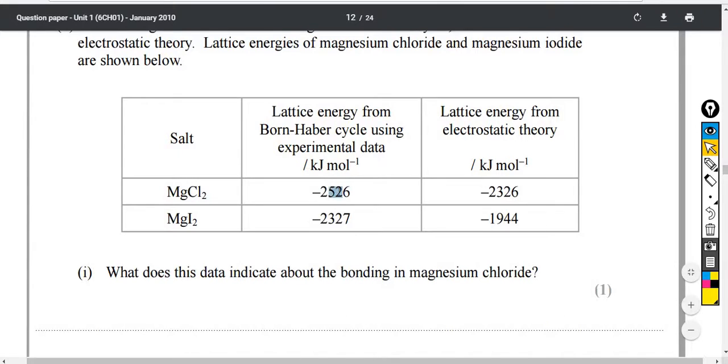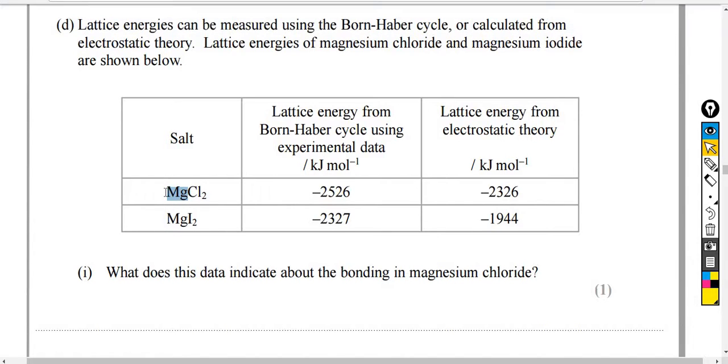This is magnesium chloride, this is magnesium iodide. You have a difference here, and here also you have a difference. What could be the reason? The magnesium is the same in both cases, so the reason cannot be due to the magnesium. It definitely has to do with the halide ion, so refer to that.